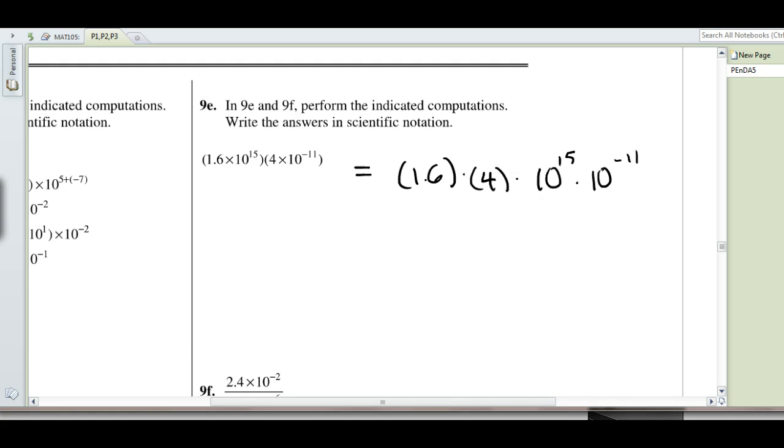And since these two look alike, we can just add the exponents using that exponent rule number 1. So 1.6 times 4 is 6.4, so there's our favorite number appearing again in disguise. Instead of 64, we have 6.4, and then times 10 to the 15 minus 11 gives us positive 4. So 6.4 times 10 to the 4th power.